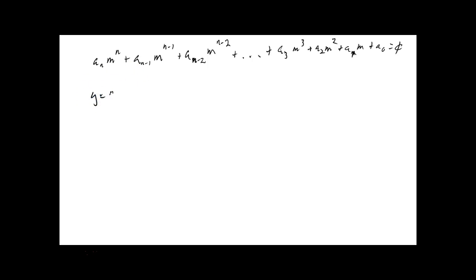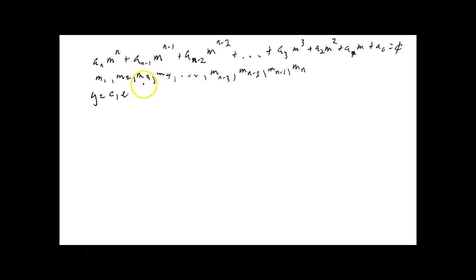If your roots here are m1, m2, m3, m4, dot, dot, dot, up to m sub n minus 3, m sub n minus 2, m sub n minus 1, and m sub n. Those are your roots. Some of them could be repeated, some of them could be complex, whatever.